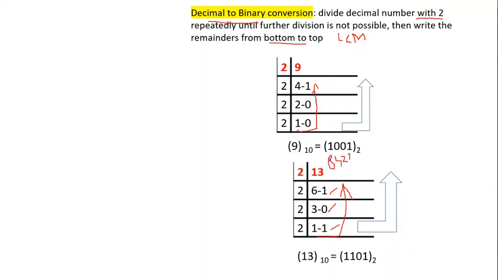Just multiply: 1 into 1 is 1. Anything into 0 is 0. So 2 into 0 is 0, 0 into 4 is 0, 1 into 8 is 8. 8 plus 1, total 9. So the reverse process: 1001 base 2 equals 9 base 10.